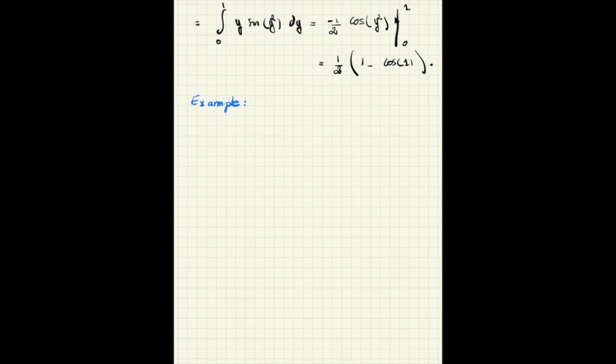They will just ask you to find the volume of a solid, and then you will have to find the region D under the solid. For example, one very classical example is pyramids, tetrahedrons.